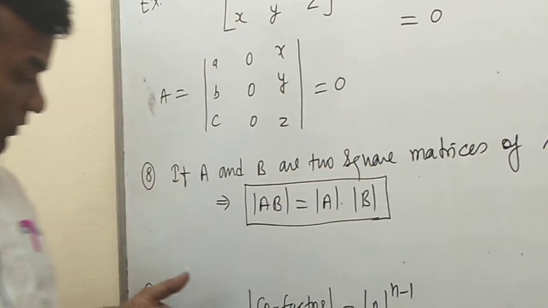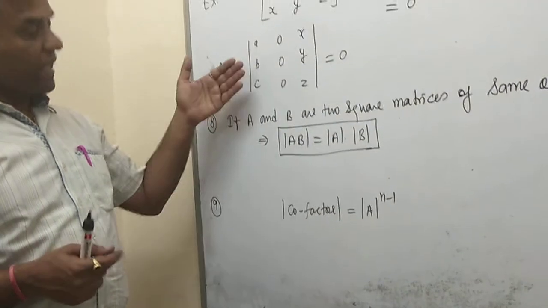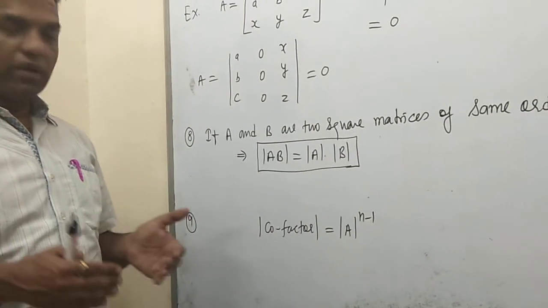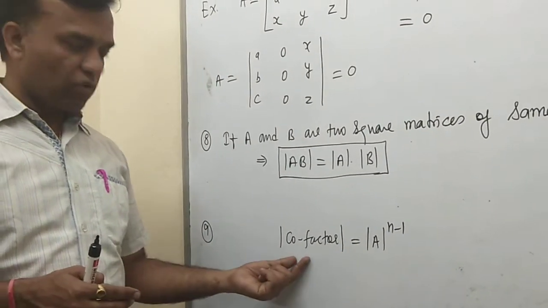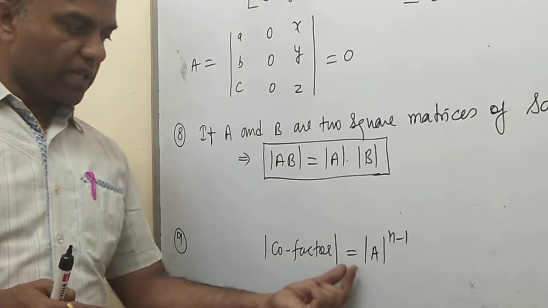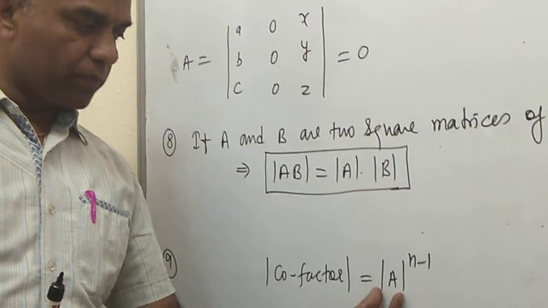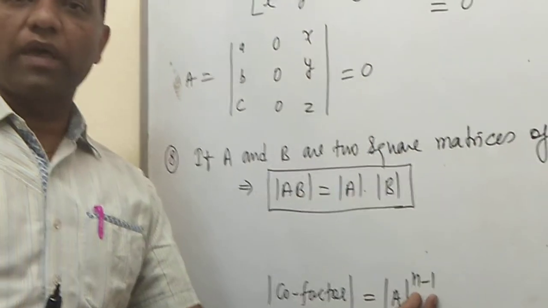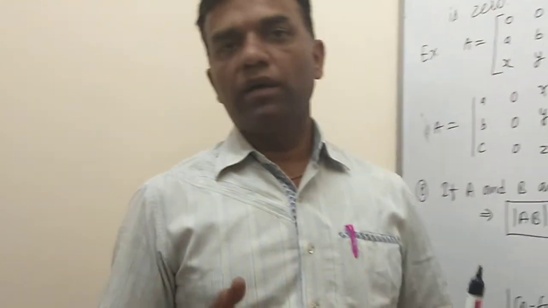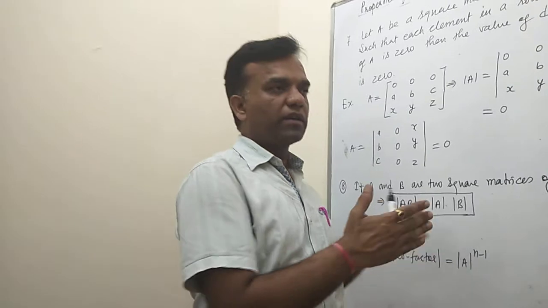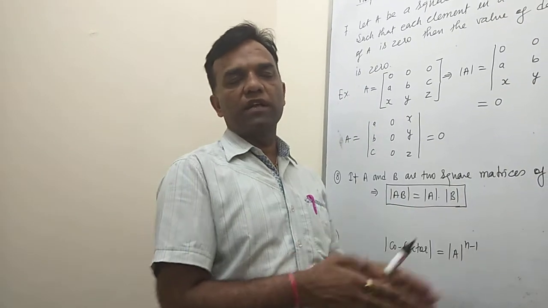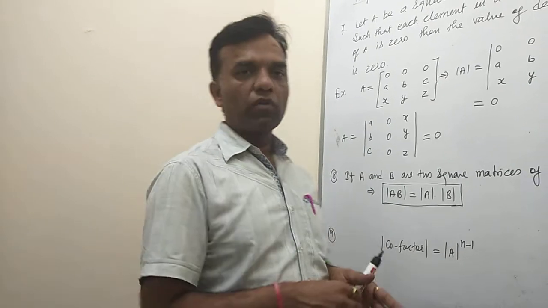One more formula you use as a property: you have a particular matrix or determinant, you find its cofactors, and the determinant of the cofactor matrix is equal to the determinant of the given matrix to the power n minus 1. Here n is the order. Suppose you have a 2 by 2 matrix, then the order is 2, so 2 minus 1 means the determinant of A itself is the answer with respect to the cofactors.